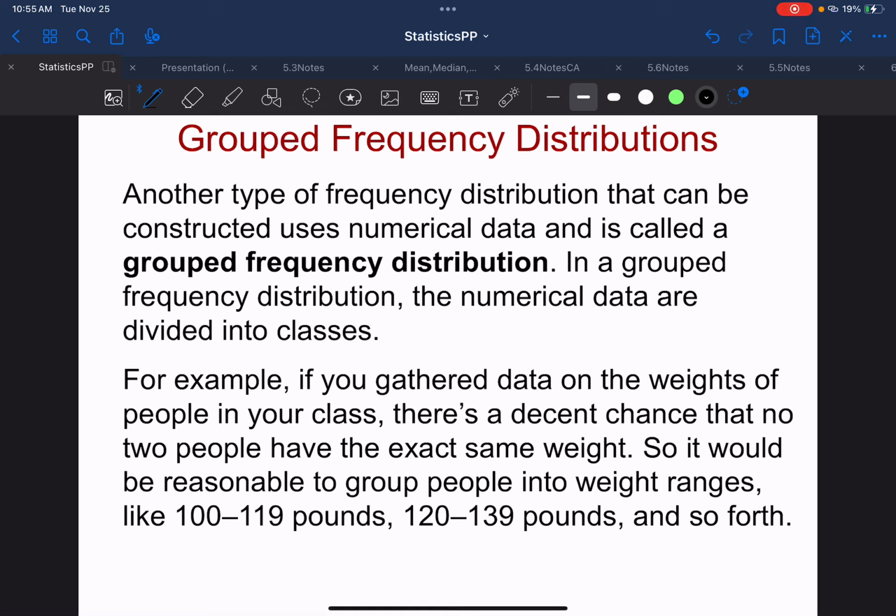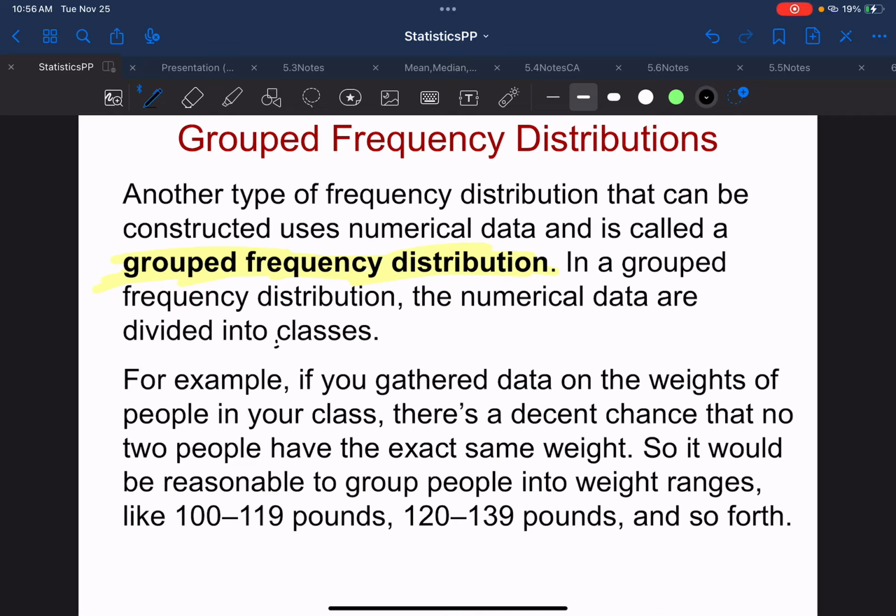Now another type of frequency distribution that can be constructed uses numerical data, and this is called a grouped frequency distribution. In a grouped frequency distribution, the numerical data are divided into classes.